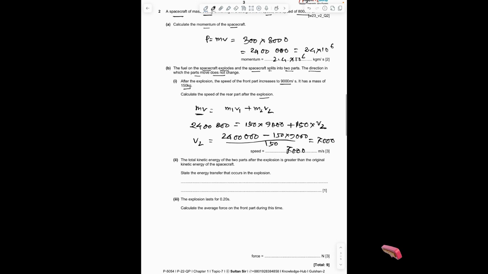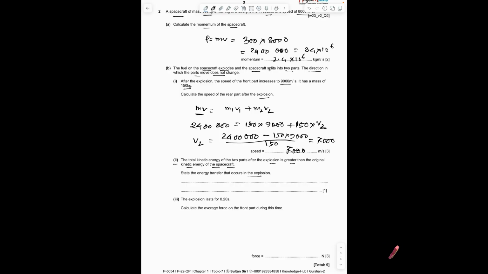Now B2. The total kinetic energy of the two parts after the explosion is greater than the original kinetic energy of the spacecraft. State the energy transfer that occurs in the explosion. It was carrying fuel, and fuel is the source of chemical energy.